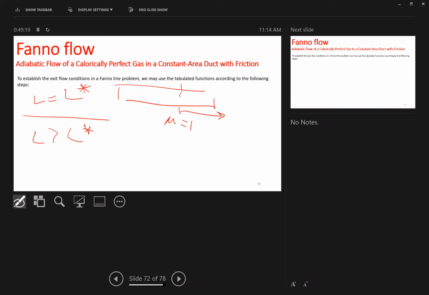Essentially what you do is that, based on the given data, you first find the L star conditions, right? Always keep in mind that your flow approaches the inlet with the pressure and temperature, and then the pressure and temperature changes, right?